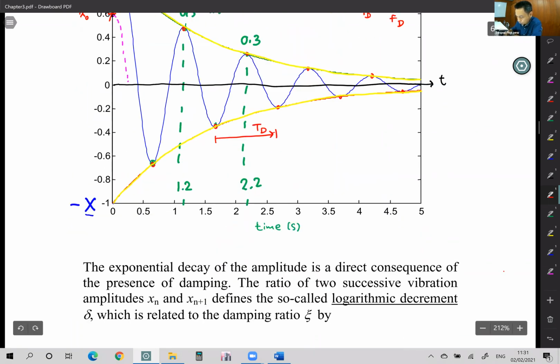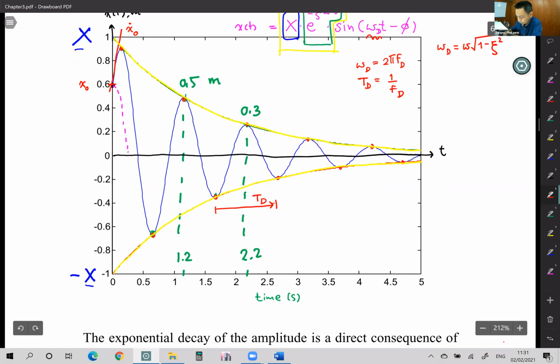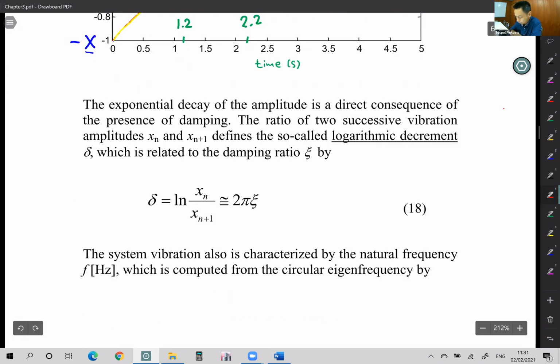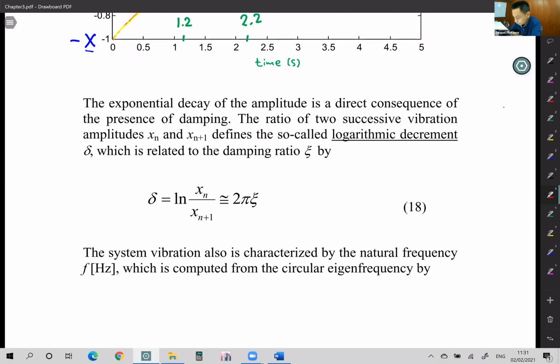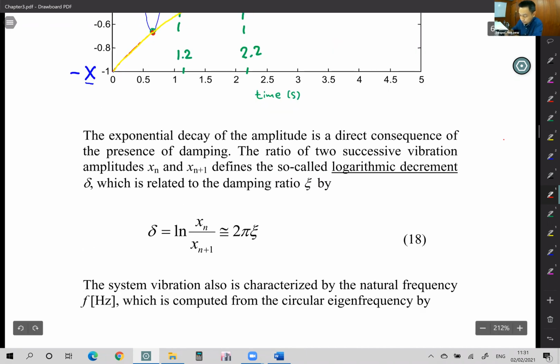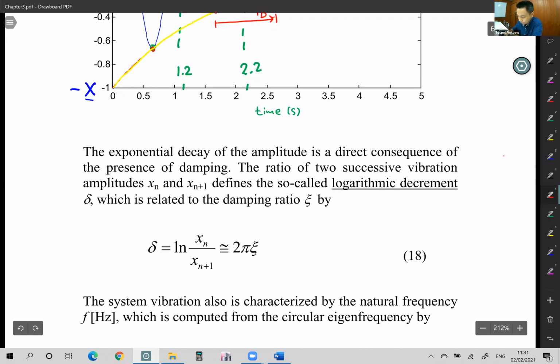So before we go further, let me introduce a little bit more about another term called the logarithmic decrement delta. The logarithmic decrement delta in this case is defined as the ln of xn over xn plus 1. This is a positive amplitude.